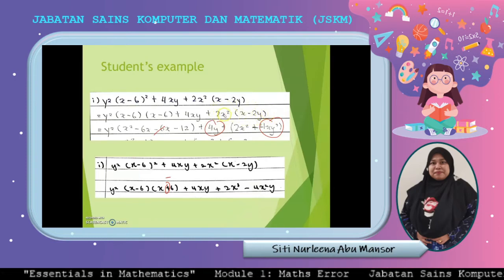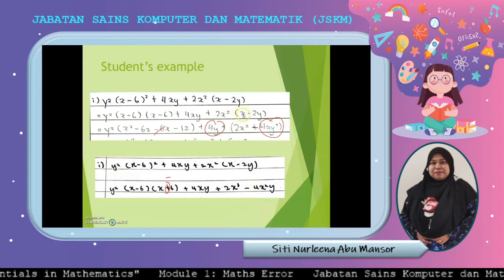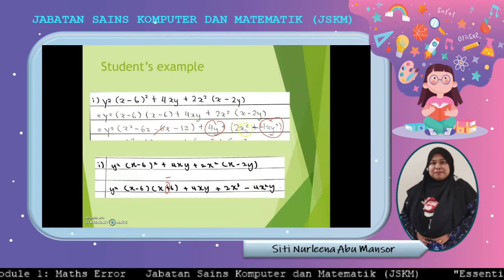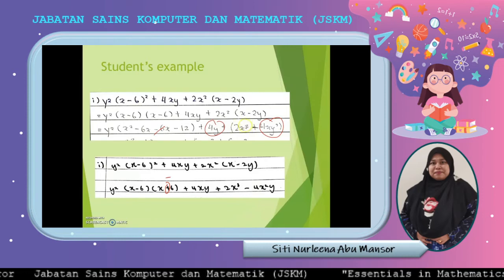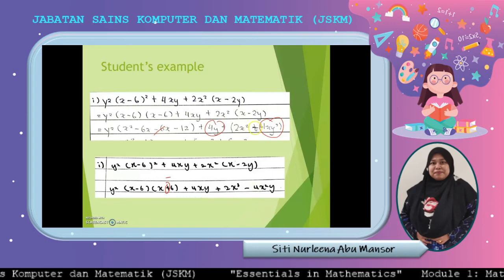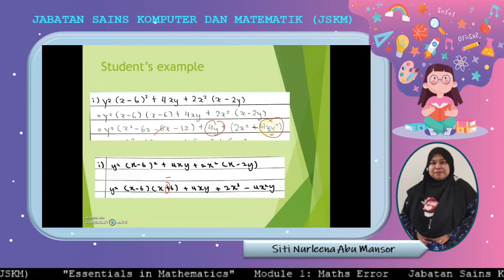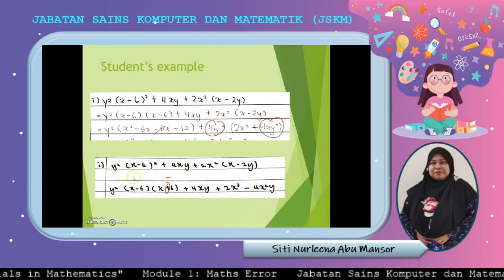So we have 2x squared multiplied with x minus 2y. We can see that this student expanded correctly for 2x squared multiplied with x, but this one is an error also. It is supposed to be 2x cubed plus, this one should be 4x squared y, not 4xy squared.